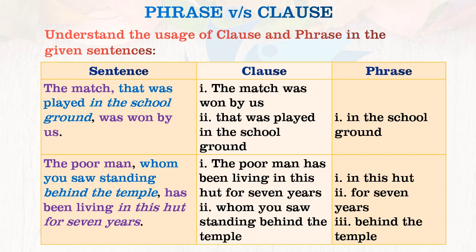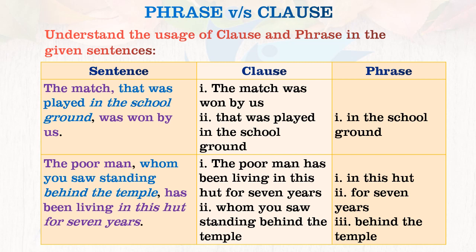See the second sentence. The poor man whom you saw standing behind the temple has been living in this hut for 7 years. Again, this sentence has two clauses: the poor man has been living in this hut for 7 years, and whom you saw standing behind the temple.